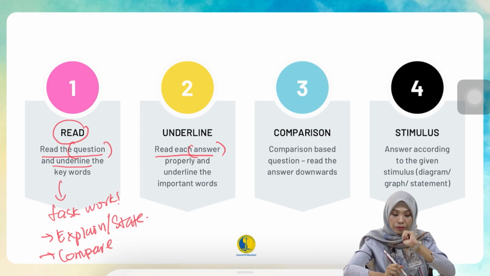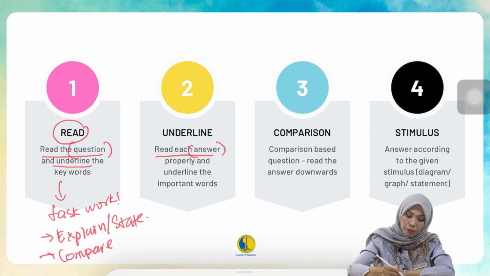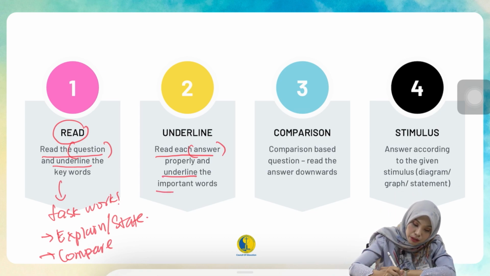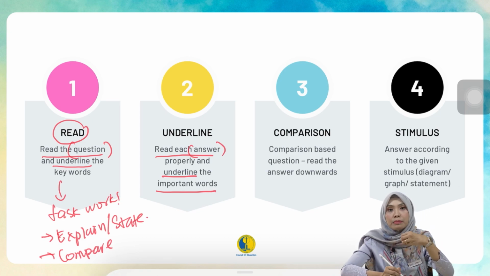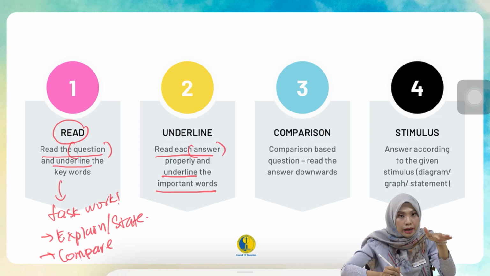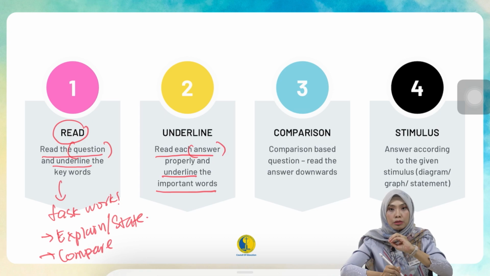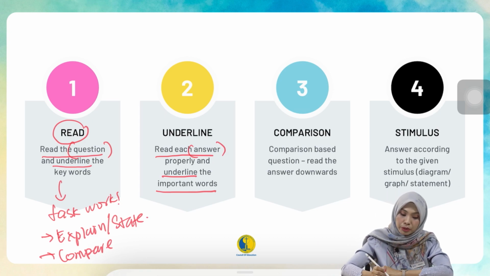There are 4 choices of answers, A, B, C, D. Read every single answer properly, and underline the keywords or the important words. There are some hidden tips in every single answer that might lead you to the correct answer, or they might trick you to the wrong answer. So just be careful with that. Next tip is comparison.